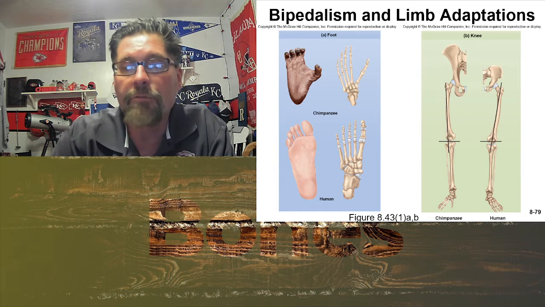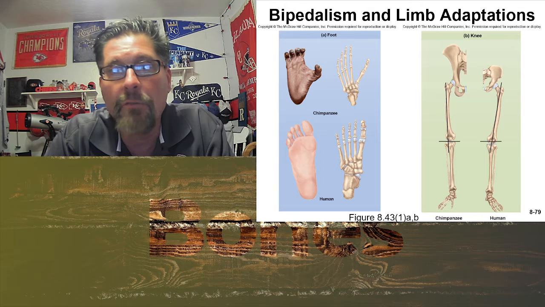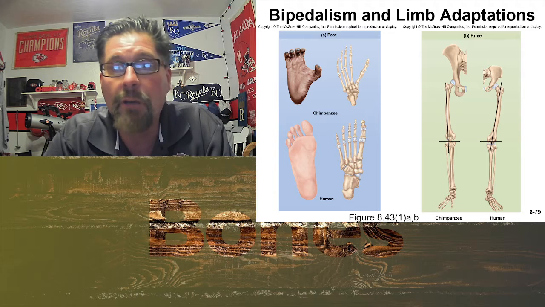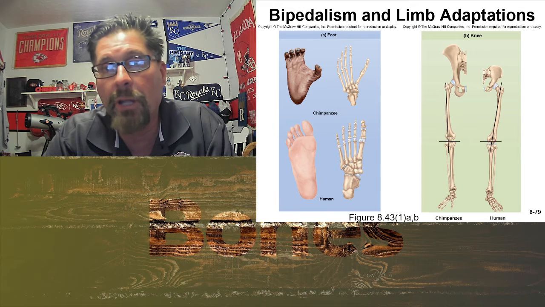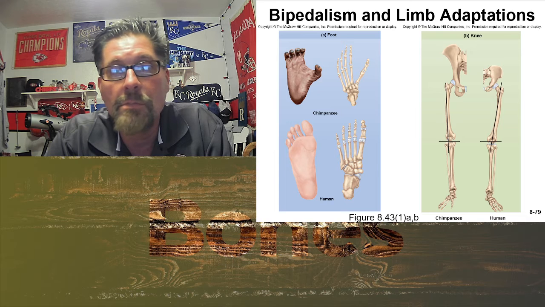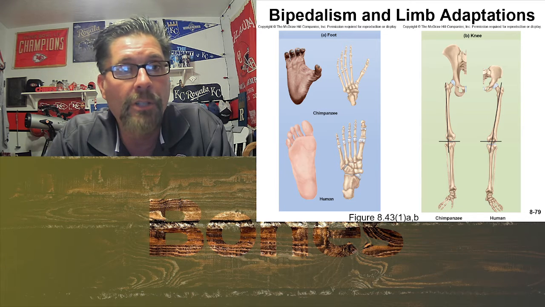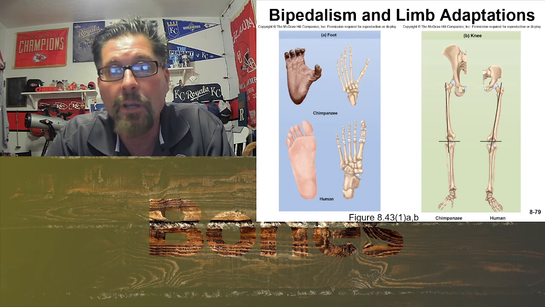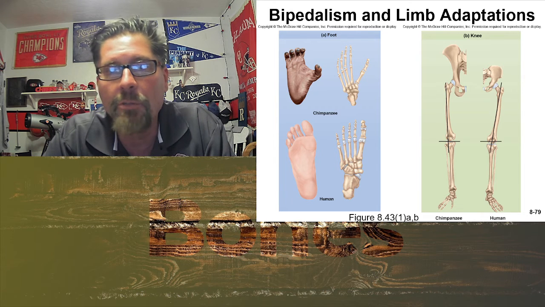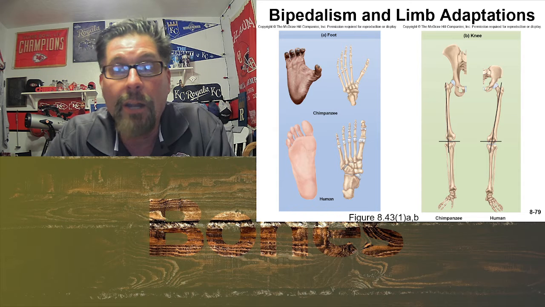All right, here's our first look at comparative anatomy. The picture closest to me, obviously, is our foot compared to a chimpanzee's foot, and we know that primates have the ability to kind of grasp things. Well, I'm not 100% certain that every primate does, but we know chimpanzees can, and a lot of that's beneficial because of their habitat.